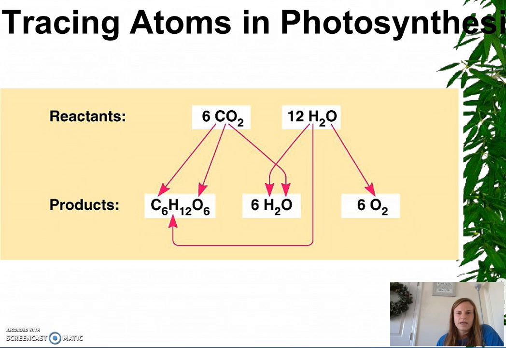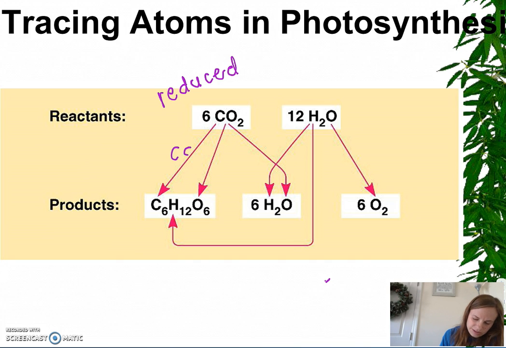So let's trace the atoms in photosynthesis. So if I'm looking at carbon dioxide, it is ultimately going to get reduced, meaning I'm going to gain electrons, it's going to gain hydrogens. During the Calvin cycle, the carbon and oxygen were rearranged to ultimately end up in glucose.